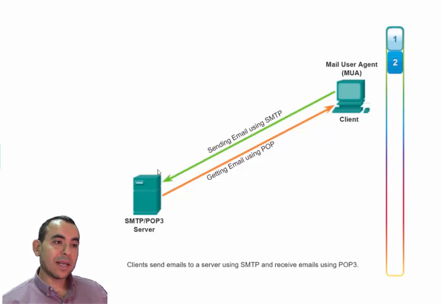And sending the email and receiving the email happens at two different times. So we send the email using SMTP to an email server, and then later on the recipient will request the download of this email to the client using the POP protocol.